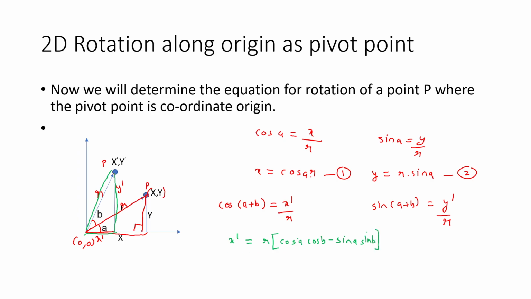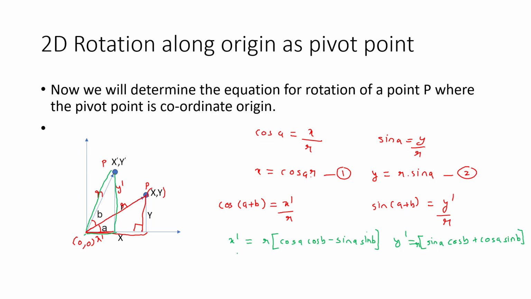Now similarly y dash, if we solve sin A plus B, we get r sin A cos B plus cos A sin B. That is, when we solve sin A plus B, we get sin A cos B plus cos A sin B.